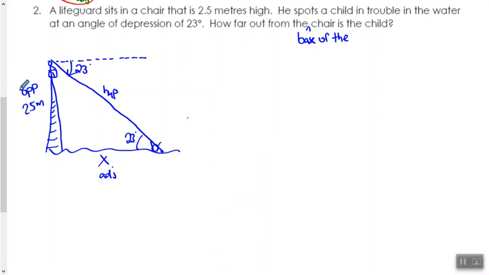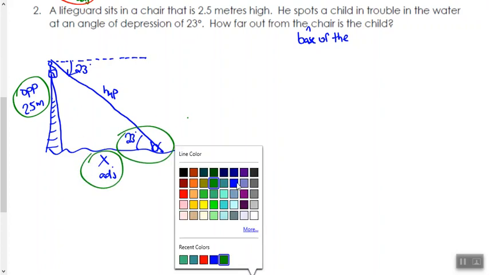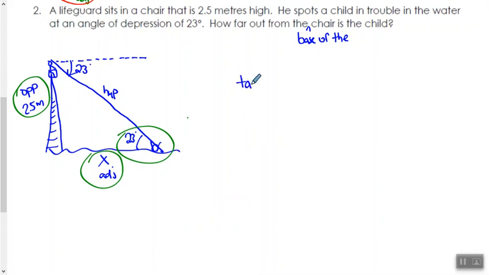So circling 3, 2 things I know, 1 thing I don't. So I know the opposite side, I know this angle, and I'm looking for the adjacent. So opposite and adjacent, I'm using tangent. So tan of my angle is opposite divided by adjacent. Substituting in, tan of 23 is my opposite side, so 2.5 meters, 2.5, divided by my adjacent side, which is x.